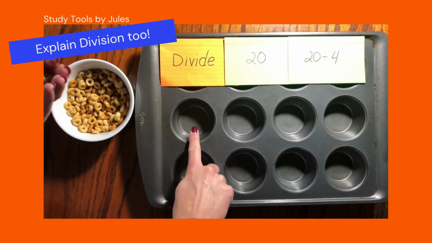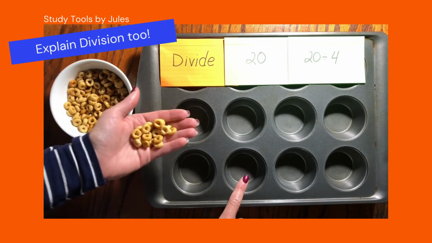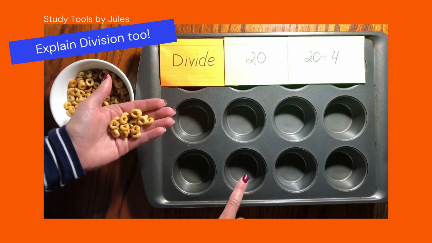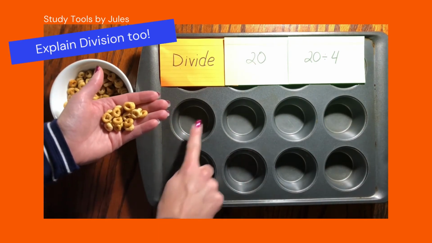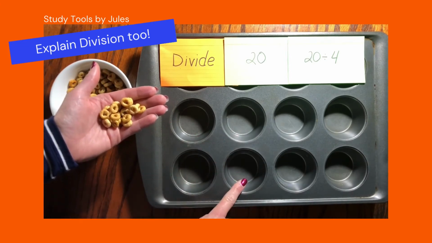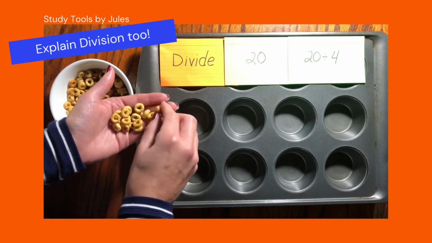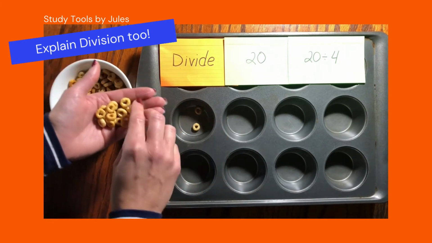So I'm going to use 1, 2, 3, 4 wells in the muffin tin to show my 4 groups.